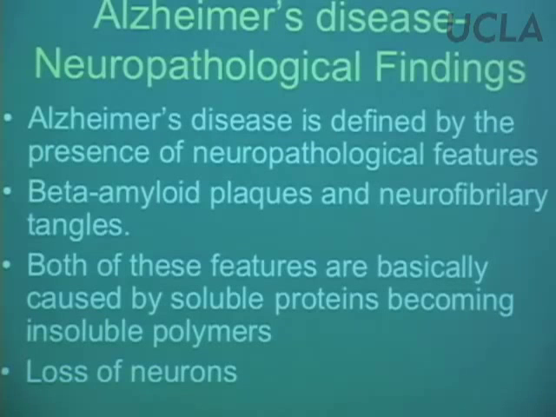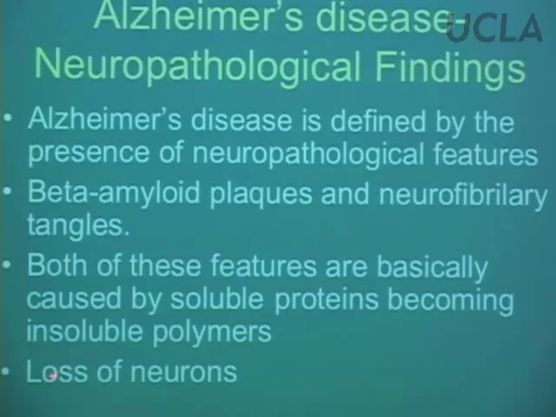These plaques are basically the beta amyloid that gets bunched up in a little glob in the brain, and the same with the neurofibrillary tangles. These are proteins that normally are soluble, but they become these little clumps. So that's the characteristic pathology in Alzheimer's disease.